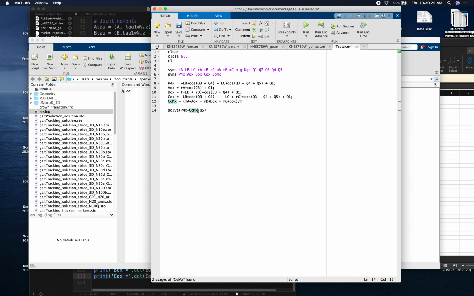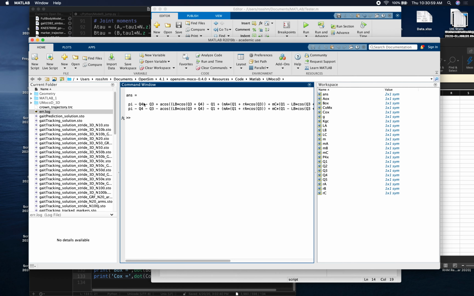The unspoken part of this first argument that you give to solve is that you're solving this equation with it equal to 0. The right-hand side of that expression is assumed to be equal to 0. So this is solving the same thing as P4x equaling COMX. And then I'm asking it to solve that equation for the symbol Q5 here. Now let's run that and see what we get.